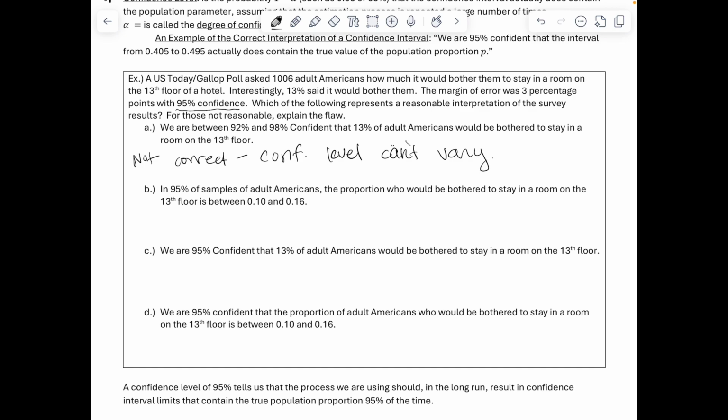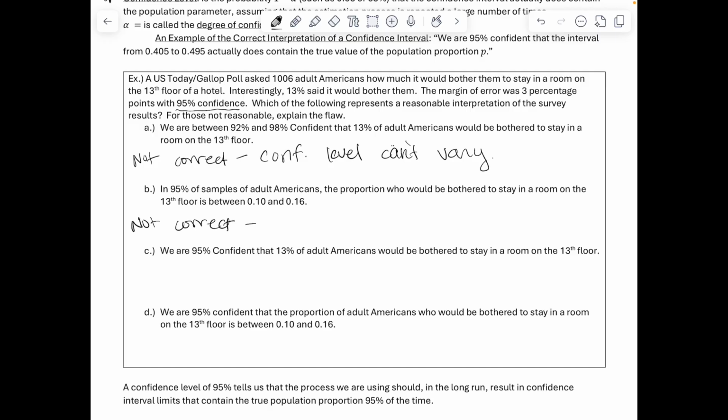Part B says, in 95% of the samples of adult Americans, the proportion who would be bothered to stay in a room on the 13th floor is between 0.10 and 0.16. This one is also not correct. It is suggesting that this interval sets the standard for all other intervals.